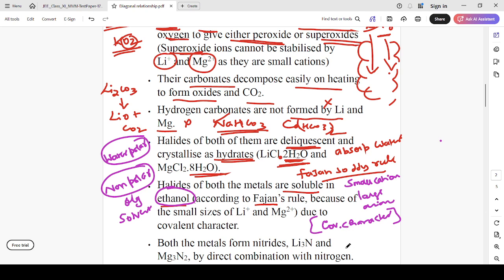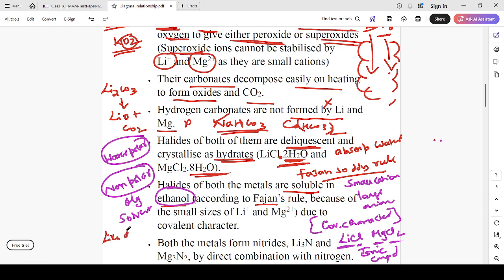Where are they talking about the covalency here? Let me take lithium chloride, LiCl, and MgCl2. It is a metal and a non-metal, so it should be an ionic compound. But I am telling you it is not soluble in water.